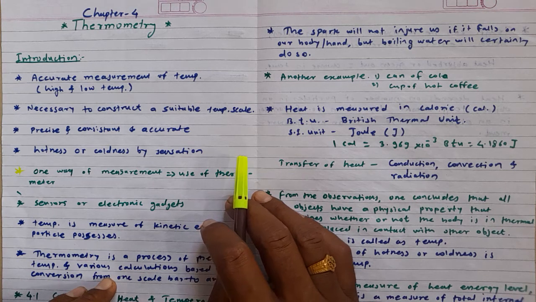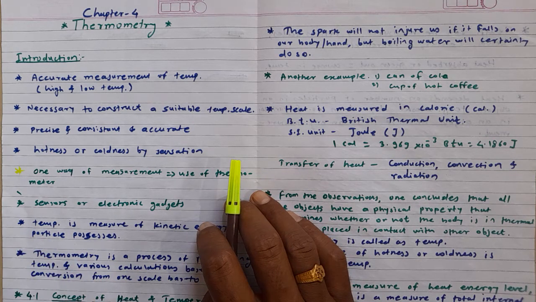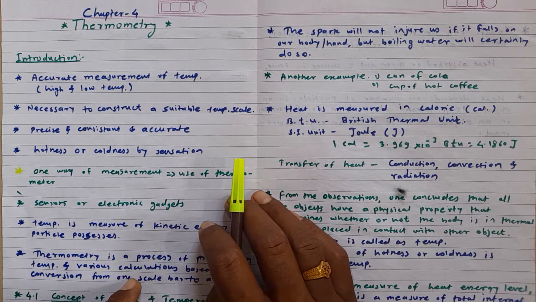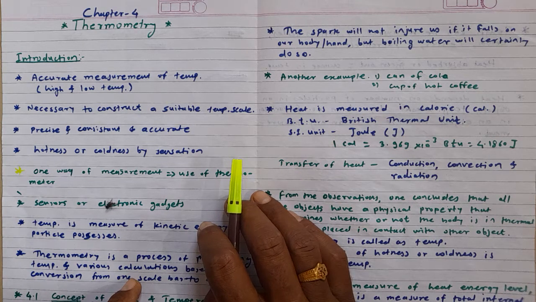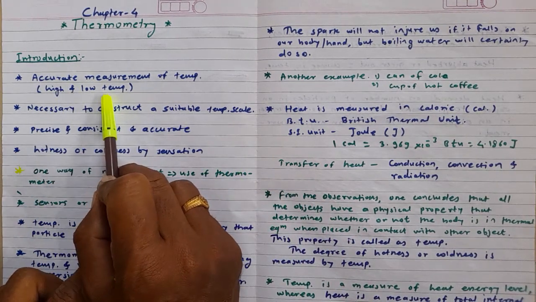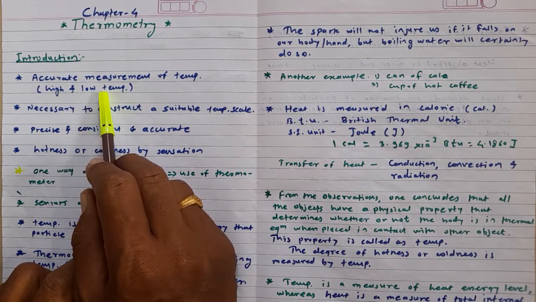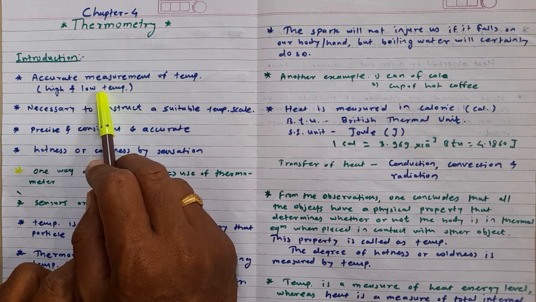Now obviously the accurate measurement of the temperature of any subject or any substance or body is one of the important branches of heat, which is part of physics. Many times it is also necessary to measure the high temperature as well as the low temperature of a body, because these are the two extremities which are very important from a physics perspective.